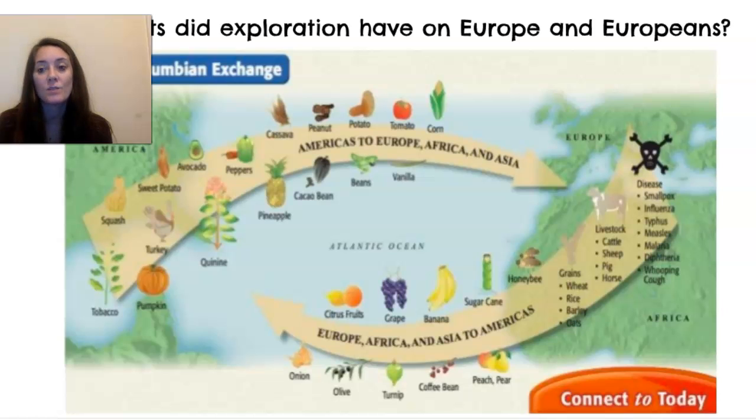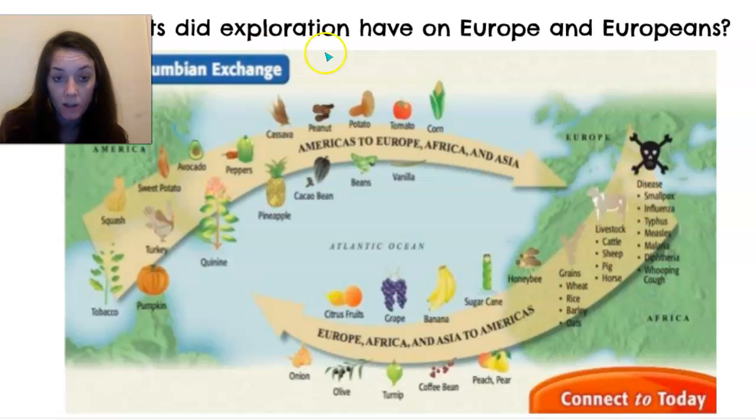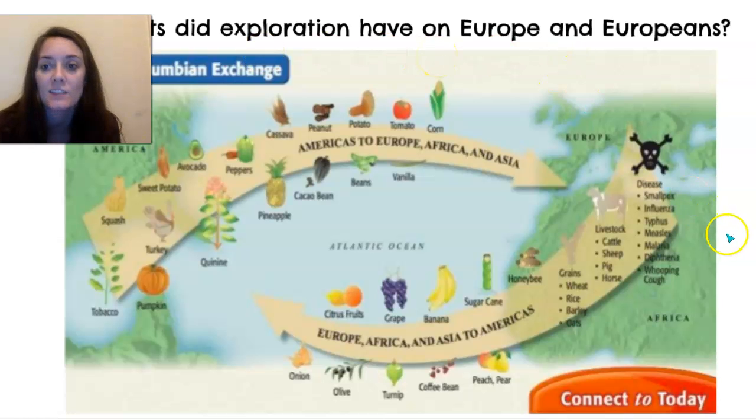But the Europeans also brought over diseases such as smallpox, the flu, typhus, measles, malaria, diphtheria, and the whooping cough. So lots of these diseases weren't in the Americas, or we don't have any record of it coming until after the Europeans made their way over into the Americas.